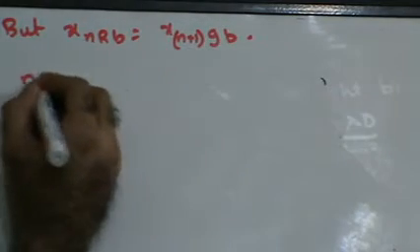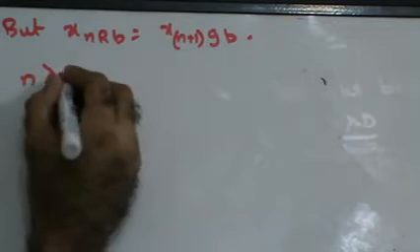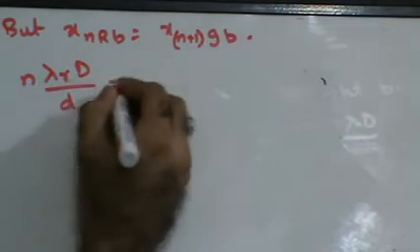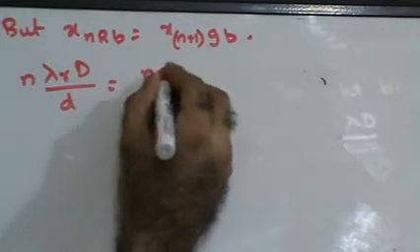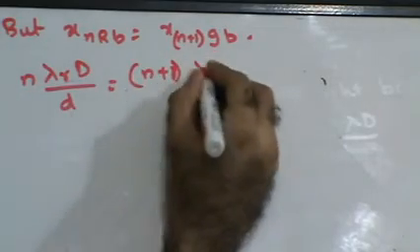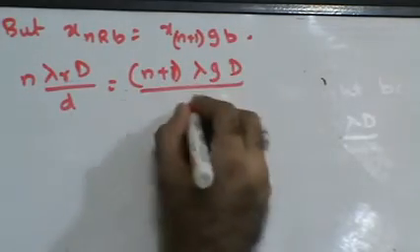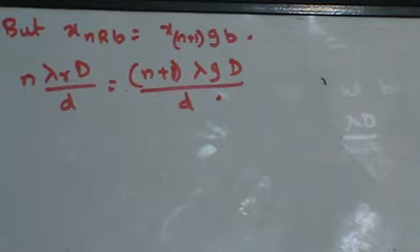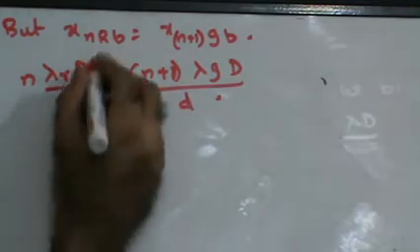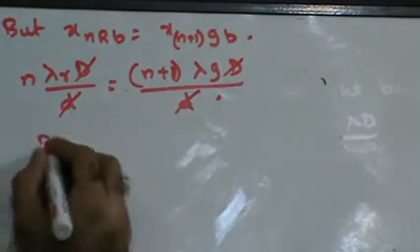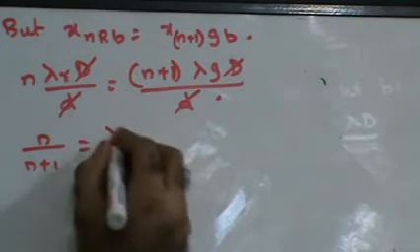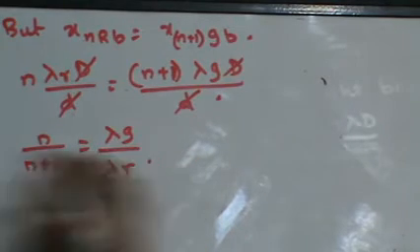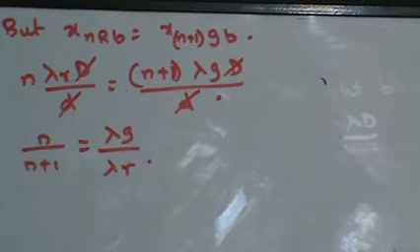So this is going to be n lambda r d by d is going to be n plus 1 lambda g d by d, right? I'm just using the bright band formula. When I solve this, d and d get cancelled, so you will get n upon n plus 1 is lambda g by lambda r. When you solve this, you will get the value of n, because n is the only unknown in this equation.